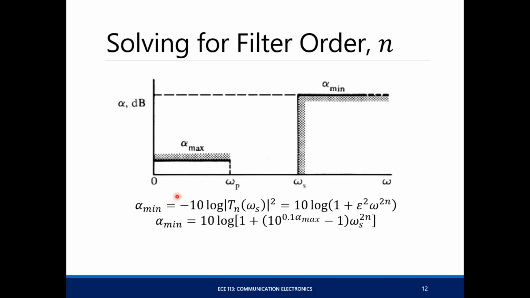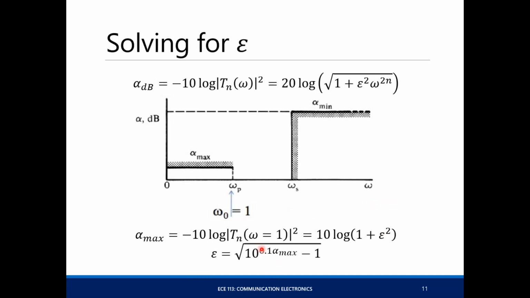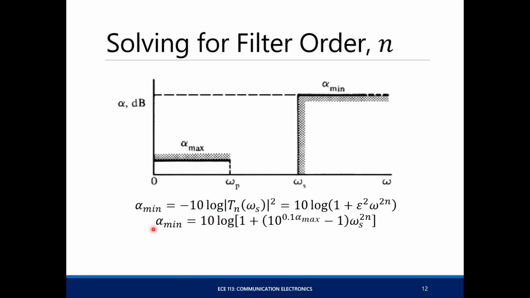The minimum attenuation is at some specified stop band frequency omega sub s. Substitute that, and substitute the equation for epsilon that you got earlier. You can solve for the value of the minimum attenuation here.